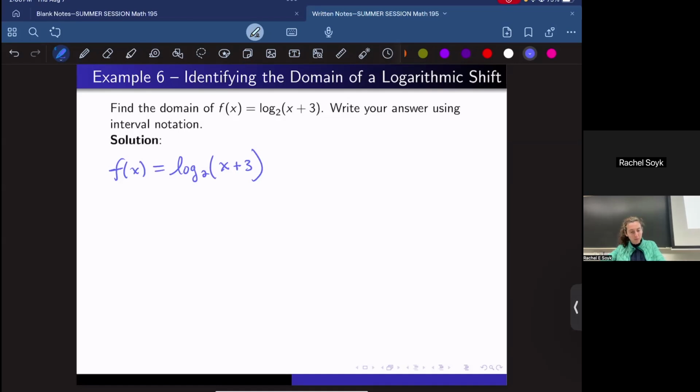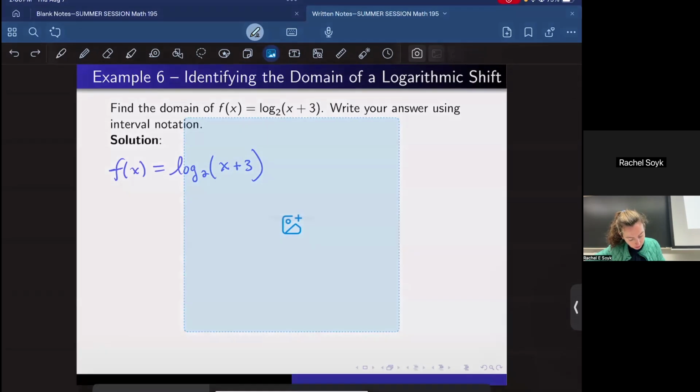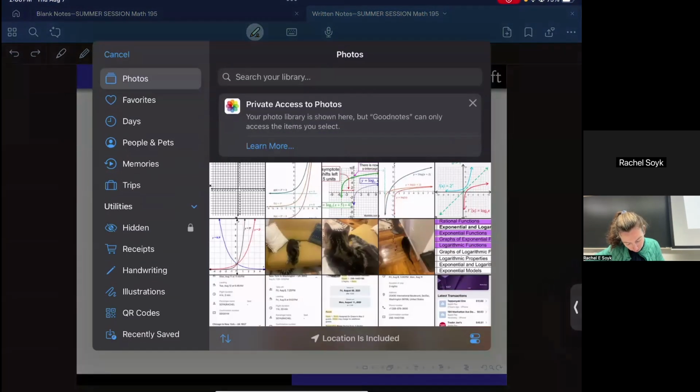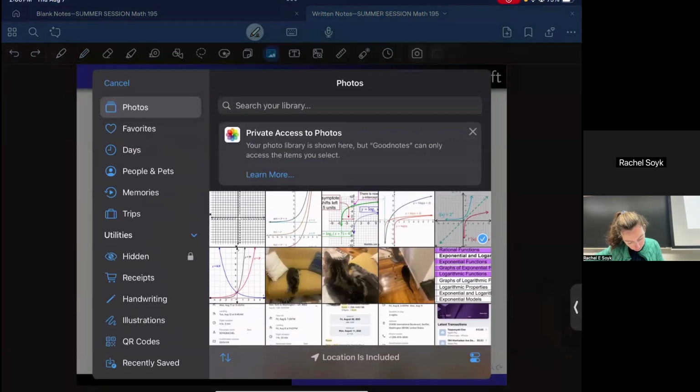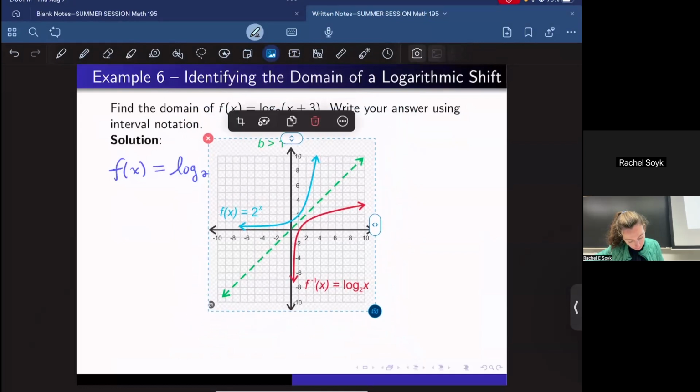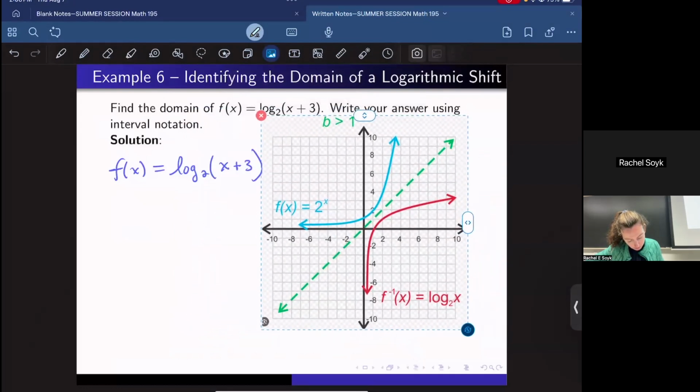So let's maybe look at this graphically first. And we'll put in the parent function as well. I want to see if we have just a log base 2 of x already graphed out. I think we do, yeah, right here. Saves us some time.